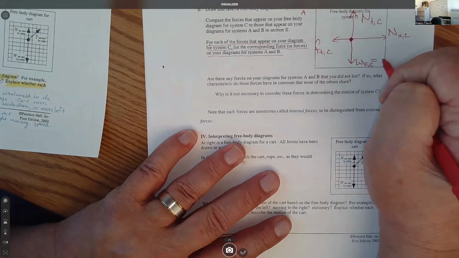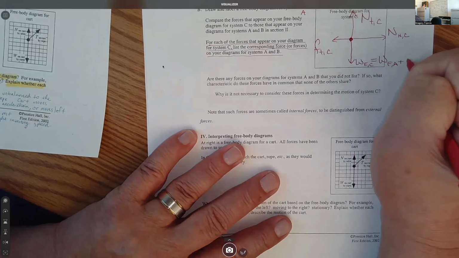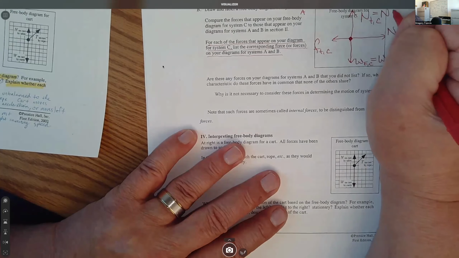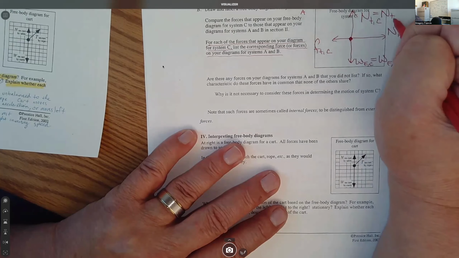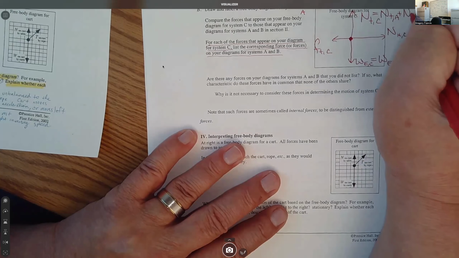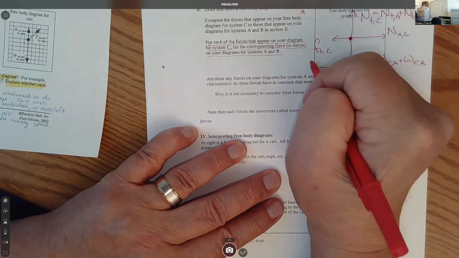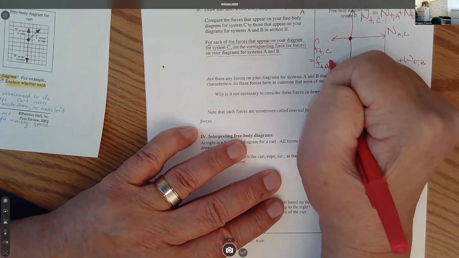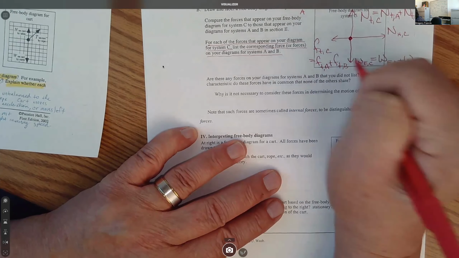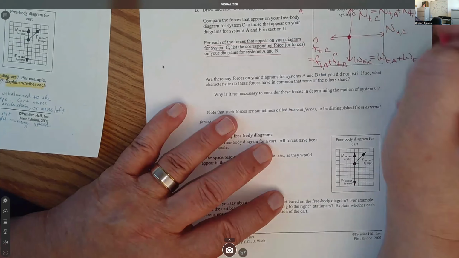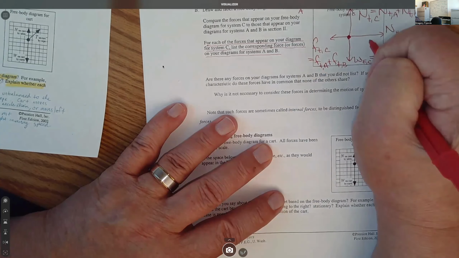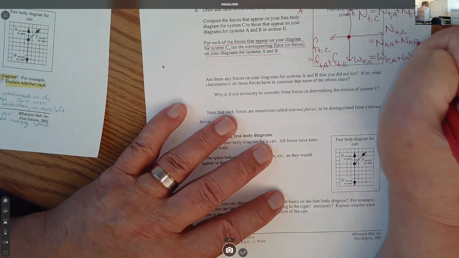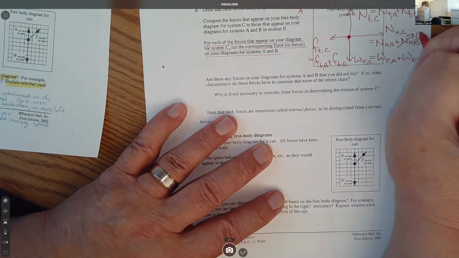Well, the weight of C is just equal to the weight of A plus the weight of B. And the normal by the table on C is just the normal by the table on A plus the normal by the table on B. And the friction force here is just going to be the friction on A plus the friction on B. Now I can do the same thing for the normal by the hand on C. Since C is A plus B, I would have the normal by the hand on A plus the normal by the hand on B, but the hand never touches B, so that's 0.